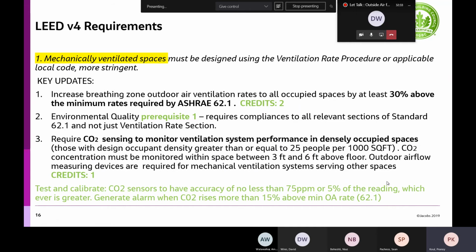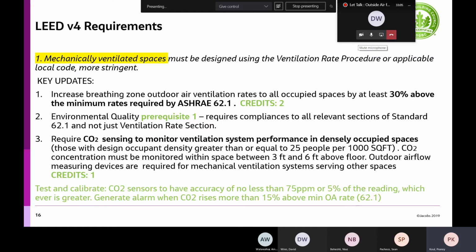Okay. Now coming down to LEED requirements. Some of the LEED requirements, which I'm sure you must be familiar with, are specifically with regards to LEED version 4.1, according to USGBC. And I'm going to be talking about the mechanically ventilated spaces. These must be designed under the ventilation rate procedure method or any applicable code which is more stringent.